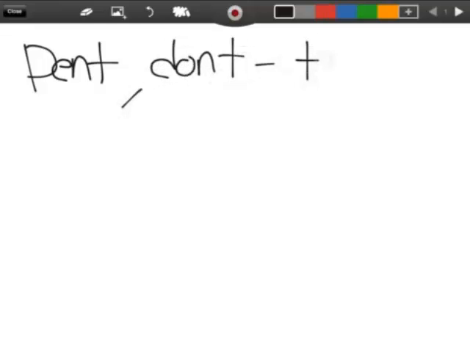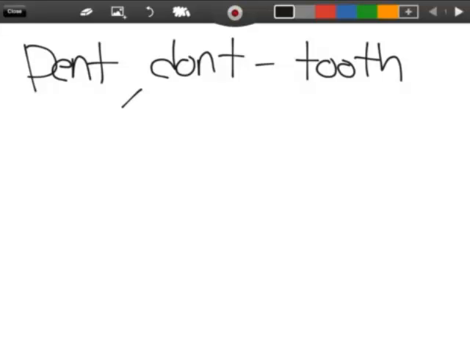Our first root is dent and dont, meaning tooth. I'm going to give you a couple of examples.